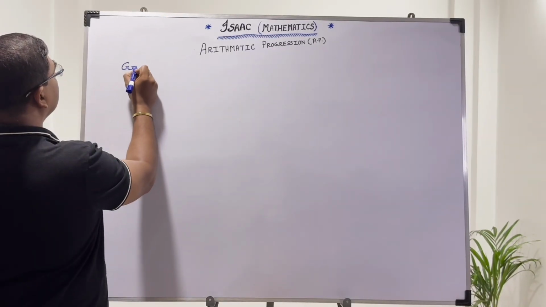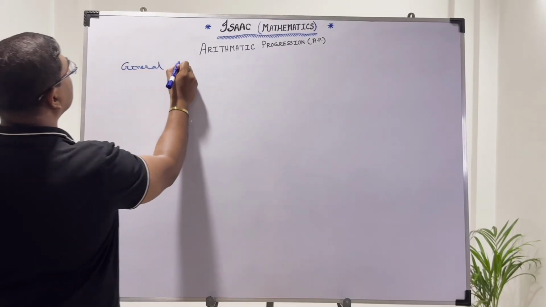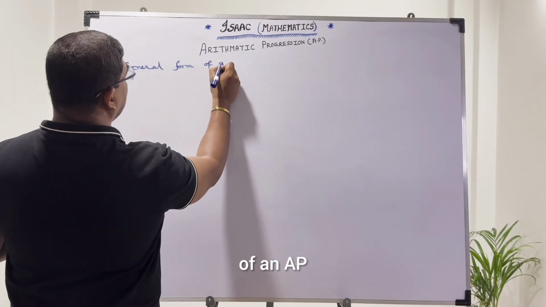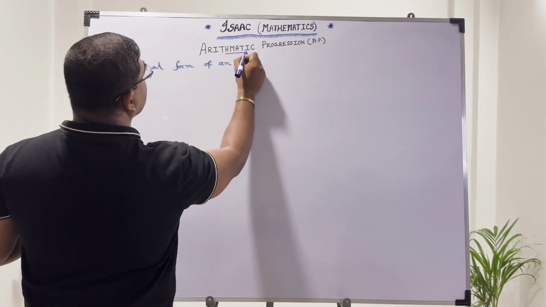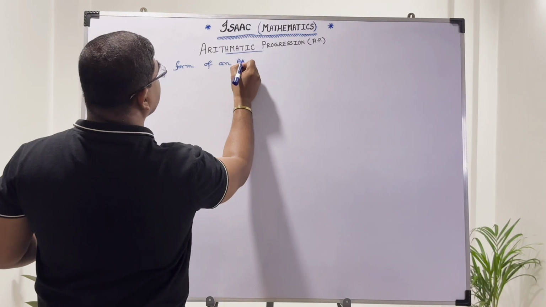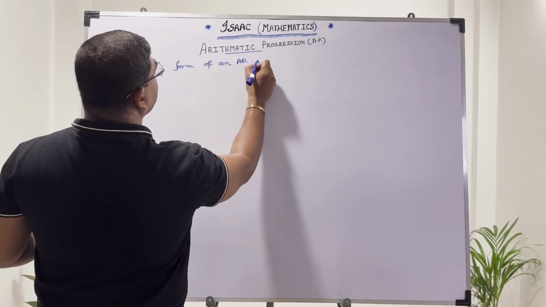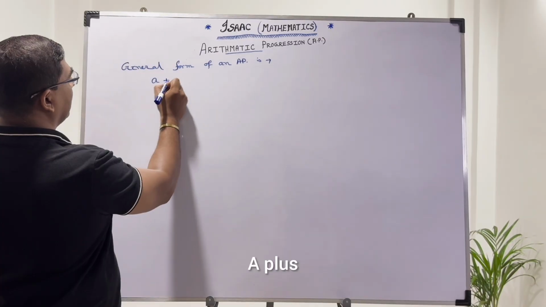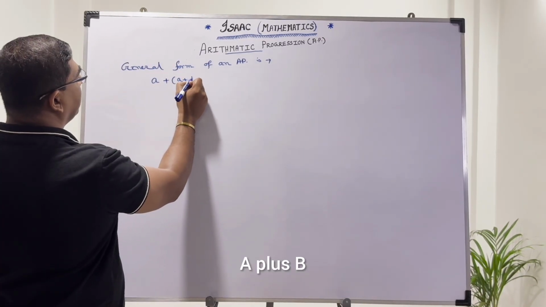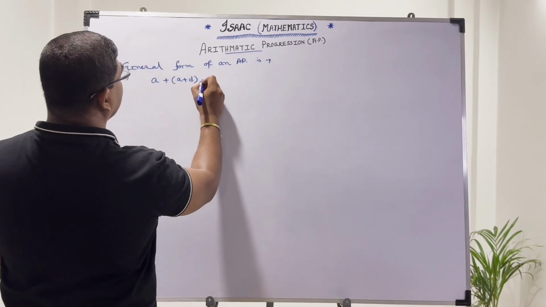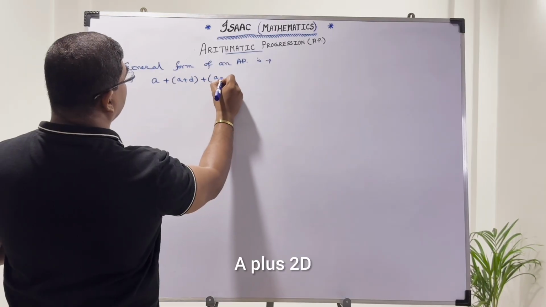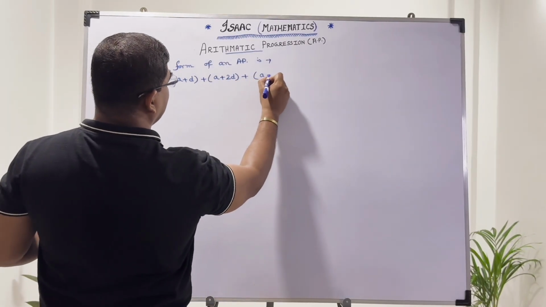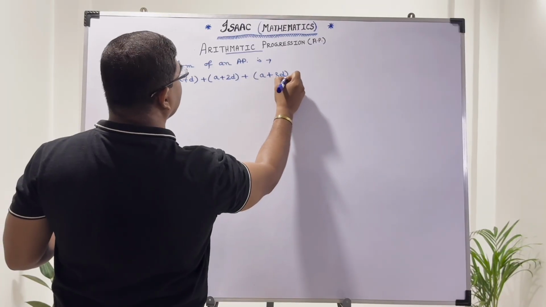Form of an AP is a, a plus d, a plus 2d, a plus 3d, and so on.